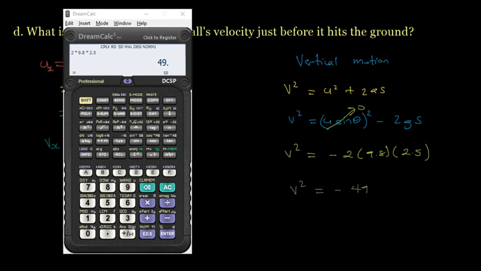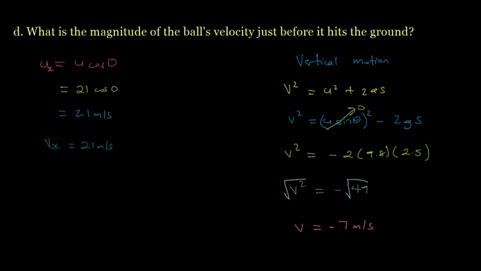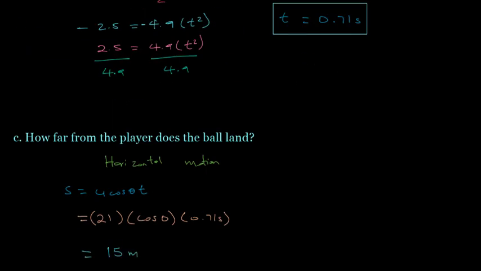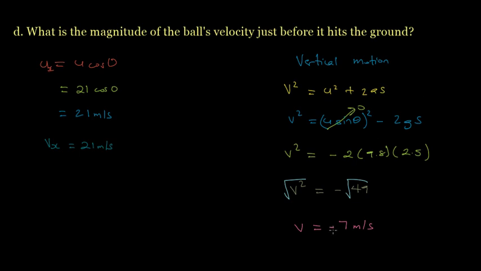Now we take the square root of 49, which is just 7, so v is 7 meters per second. And again, this is negative because of the direction, because initially we defined down as negative. So the final vertical velocity just before it hits the ground is 7 meters per second. So this is Vy.